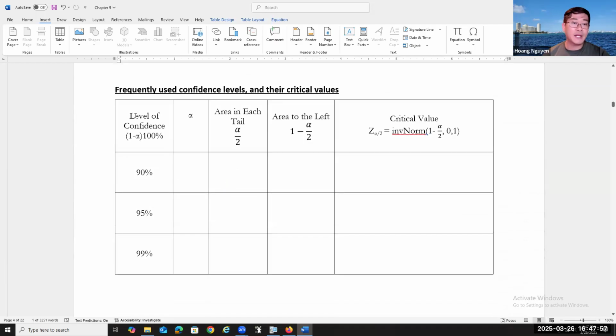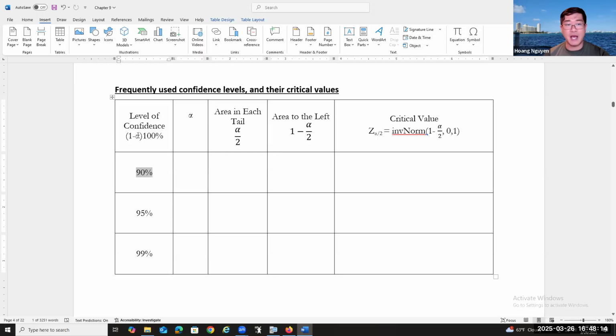When they give you a confidence level of 90%, how do we find alpha? 1 minus what number gives you 90%?